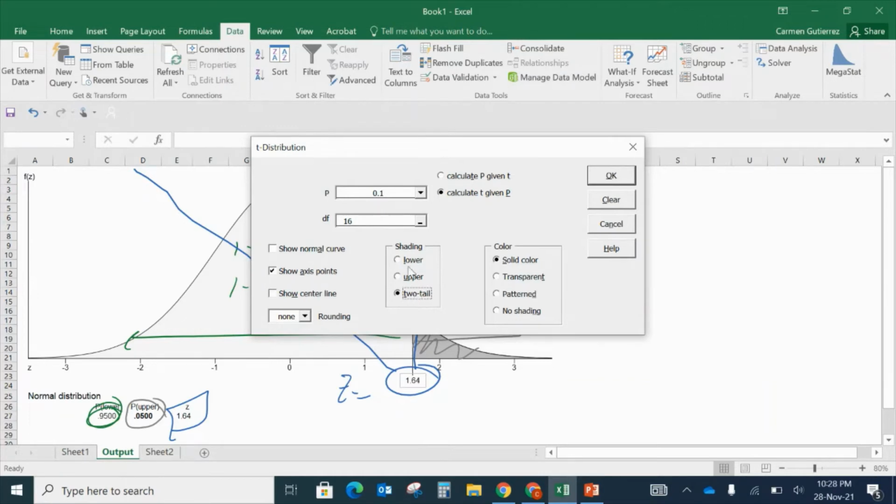And that is it. You tell MegaStat that you want to get the T value, given a P. The P value here is your alpha, which in this scenario was 10%. We give the degrees of freedom, which is N1 plus N2 minus 2. And then you tell which area you are going to refer to: the upper tail, lower tail, or 2-tail. And that is it.